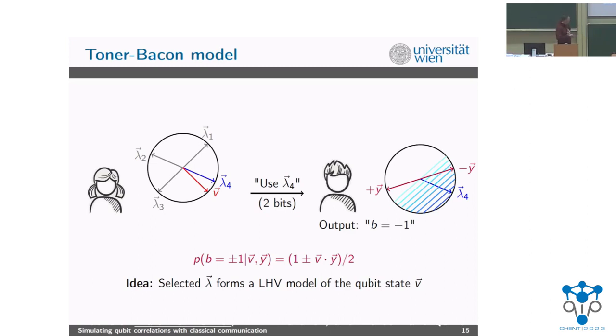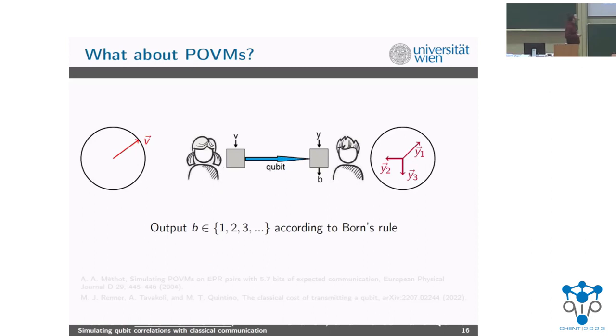But as I already mentioned, there's one drawback, and the drawback is that there are more measurements in quantum theory than just projective measurements. And these are POVMs. And now the question is, how does the situation change if we do not only consider projective ones, but general POVMs?